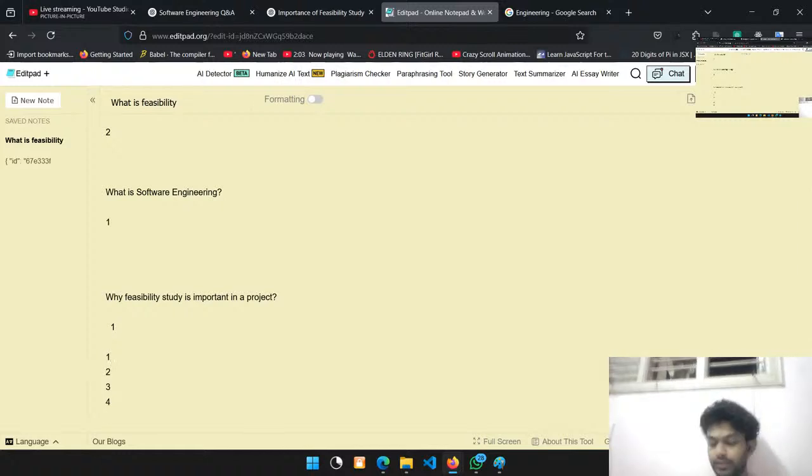Both the basic thing is it builds confidence in the stakeholders. It helps prioritize resources, money, time. It reduces risk. We have our consideration of whether to move on with the product. That's all.